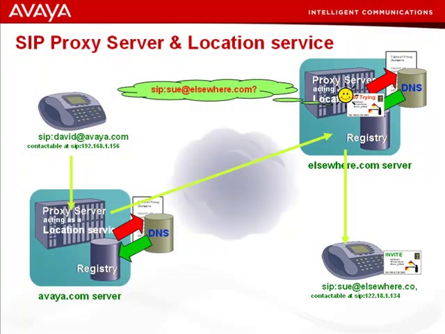What happens next? Sue creates and sends a 180 ringing. Unlike the 100 trying, the 180 is for the upstream user agent endpoint, not so much for the servers. So the question is now, over which route should the 180 ringing be sent? To answer that question, first of all, let's think about what we already know about the routing of responses.